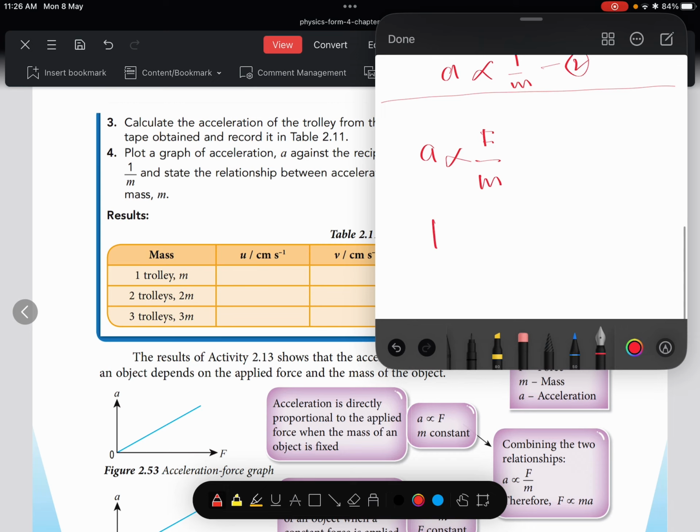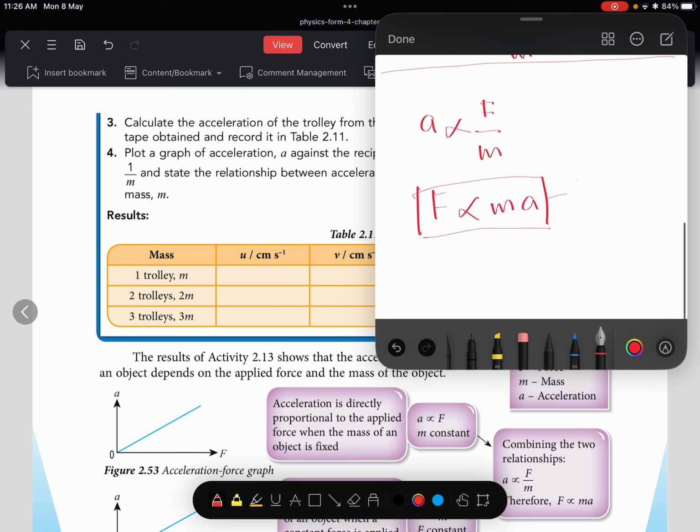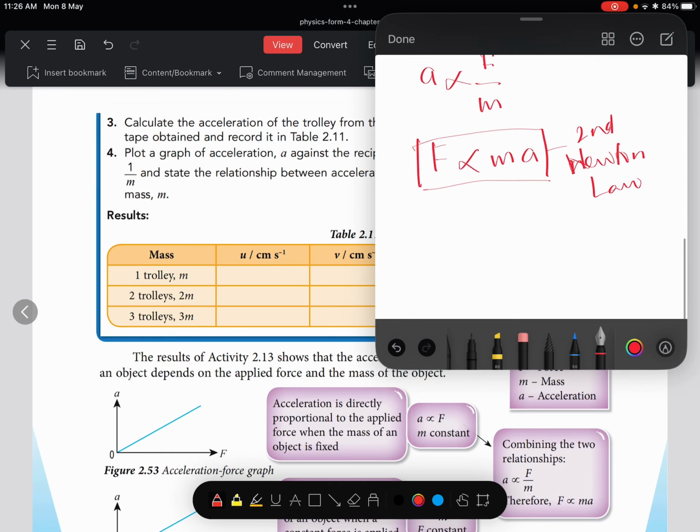We can rewrite this relationship: F is directly proportional to ma. This is the relationship for Newton's second law. You must remember this.